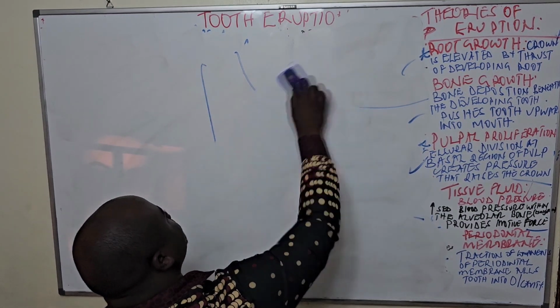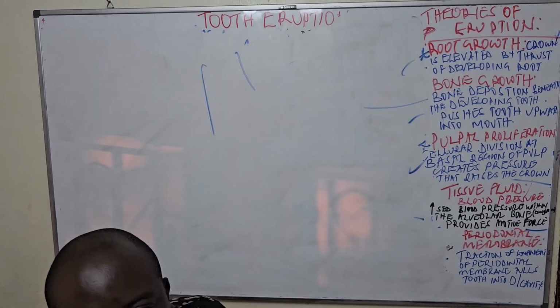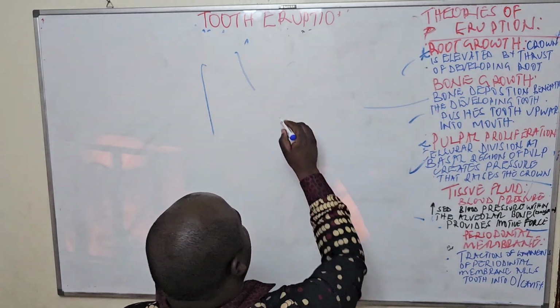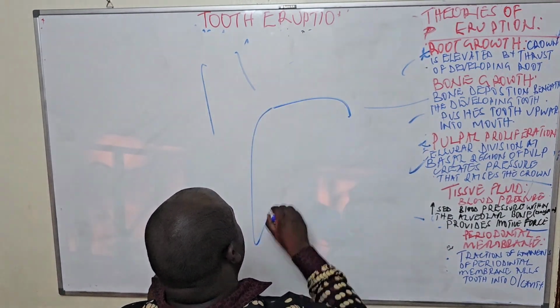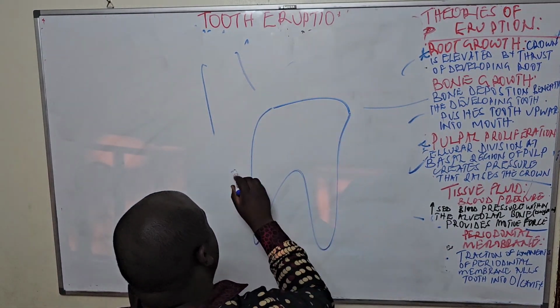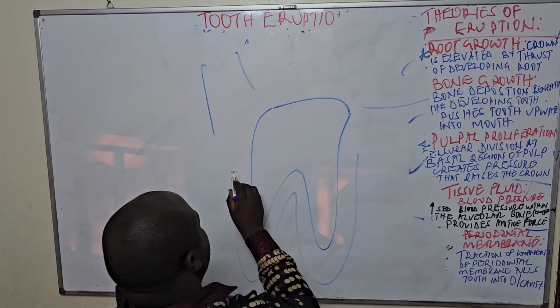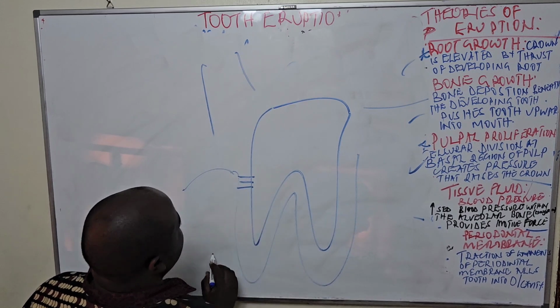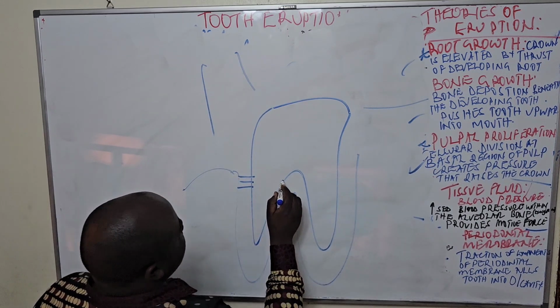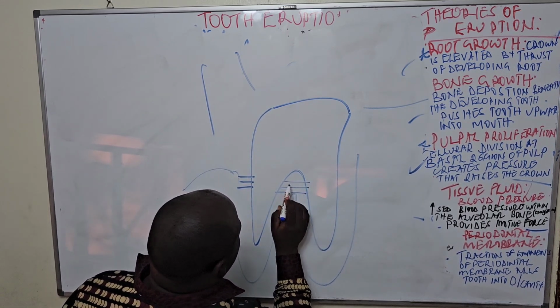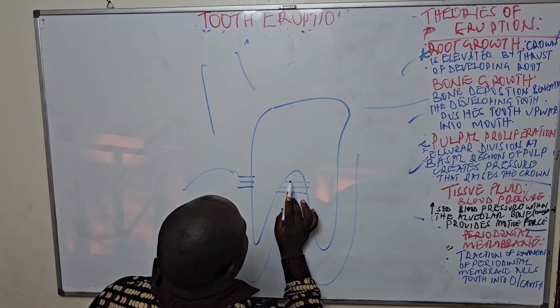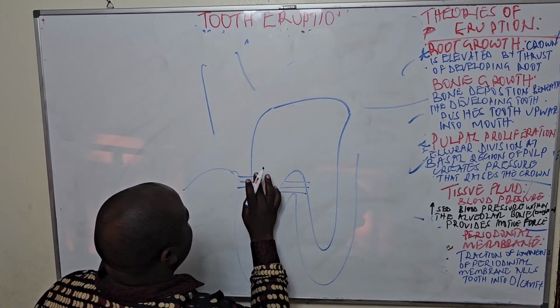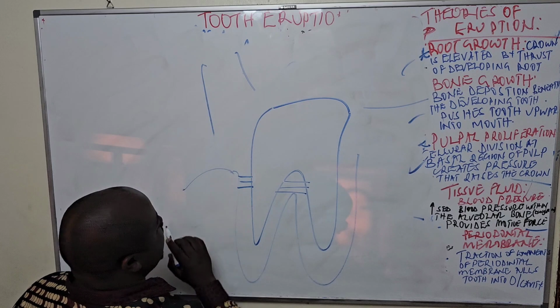In the periodontal membrane, we shall remind you about the tooth. The tooth has its head in the alveolar bone, and these are the periodontal membrane. There are fibers there. In the periodontal membrane, we have interradicular fibers from one root to the other. For this one, it is from the tooth to the alveolar bone.